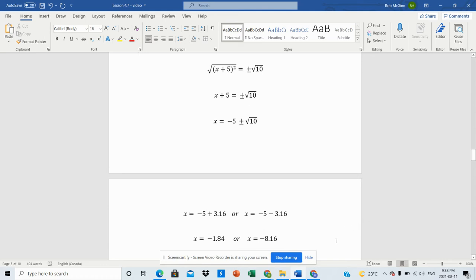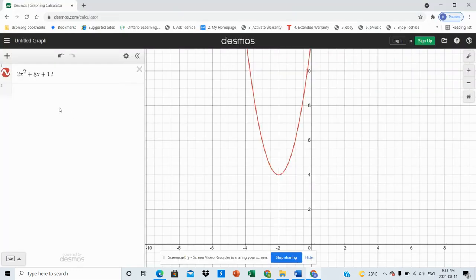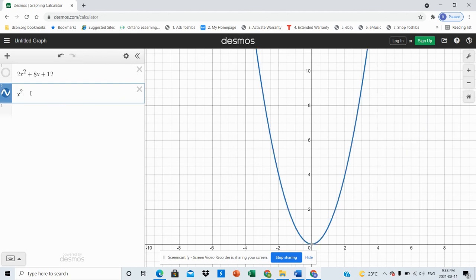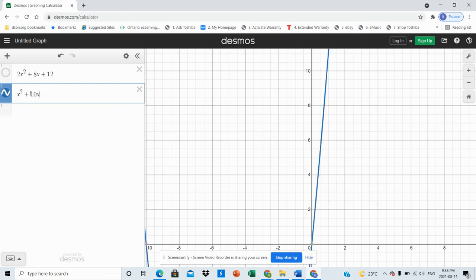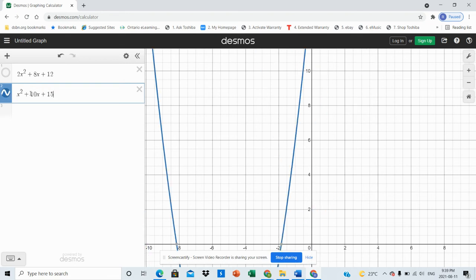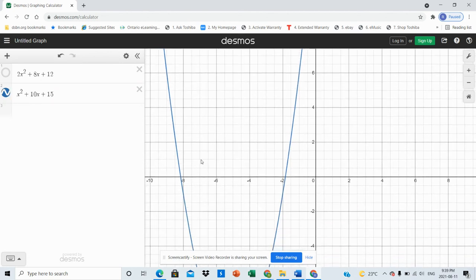If we wanted to verify that, well, we could do that. We'll just flip over to Desmos. I'm going to just hide that one for right now. And I'm going to type in x squared plus 10x and plus 15. And if I look here, let's just come down a bit.